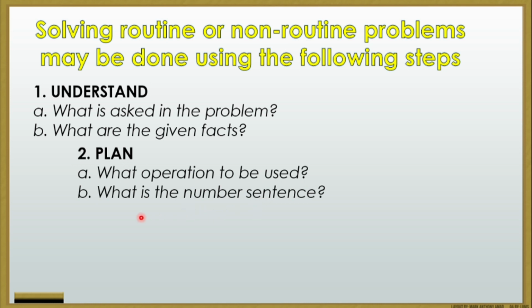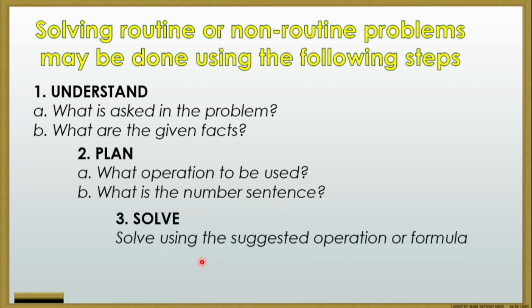Planning involves an operation to be used and the number sentence. And for number 3, we're going to solve using the suggested operation or formula or strategies. And for number 4, you're going to state the final answer. Again, don't forget to write the unit of measurement.